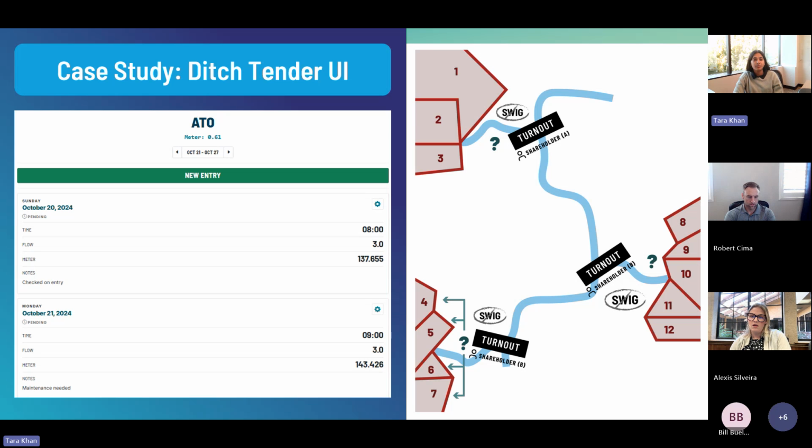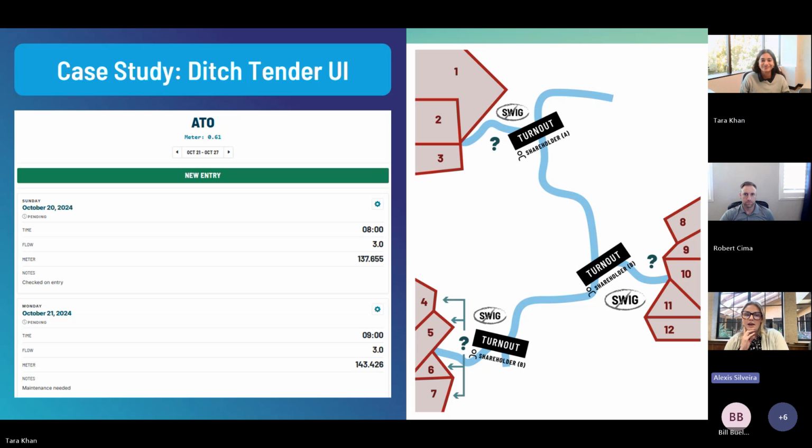And so North Fork Kings wanted to streamline that further rather than having the surface water entities send in a spreadsheet and upload that. We thought, hey, there's a way we can put that manual entry into a digital user interface. So Alexis, I'll let you take that.